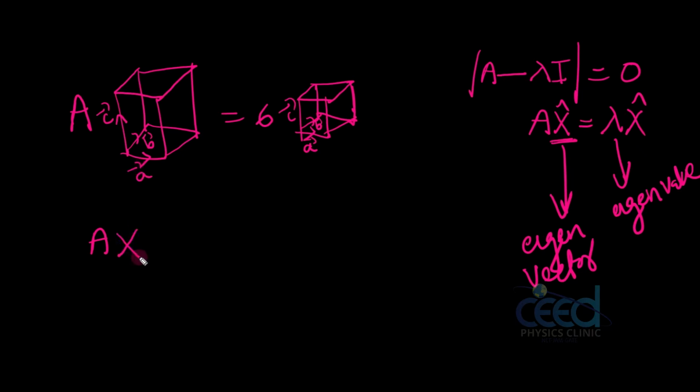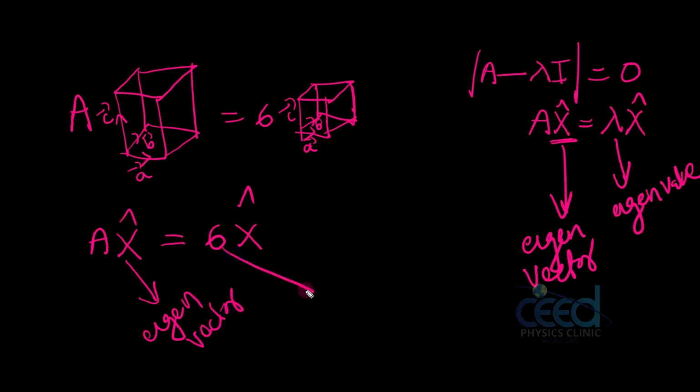If I take only the direction of such a vector, I can write x cap is equal to 6 into x cap, since the direction does not change as compared with the larger cube. Now I can say this x cap is the eigenvector and this 6 is the eigenvalue. This principle has wide importance in finding the energy eigenvalues in quantum mechanics.